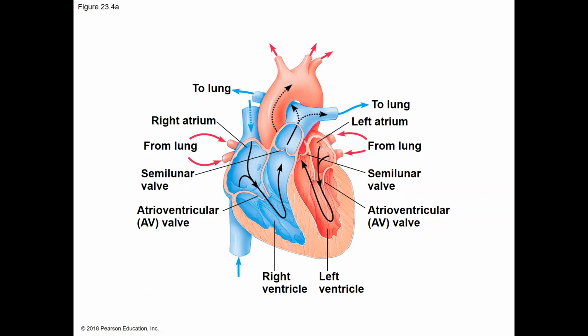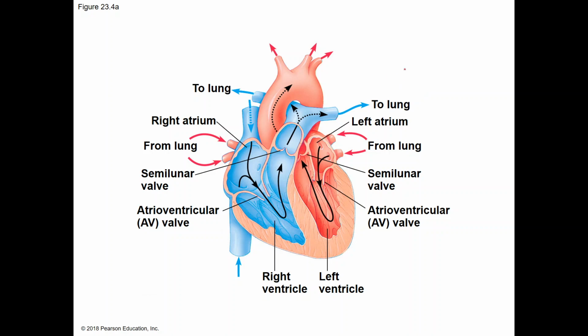You can see here, as I mentioned in the last slide, there's this valve that will shut off, which won't allow the blood to back up into the heart. From the right ventricle, there's another valve that's open to allow blood to flow into the pulmonary arteries to the lungs to pick up oxygen.